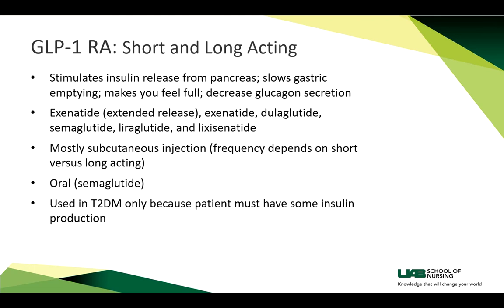So these drugs target insulin production, so it's got to be there, and then it helps in the ways that I talked about earlier with stimulating the insulin release from the pancreas. What's important to know then, of course, is that in type 1 it's basically an absolute deficiency of insulin, so this is why it wouldn't be a good choice for our patients with type 1.